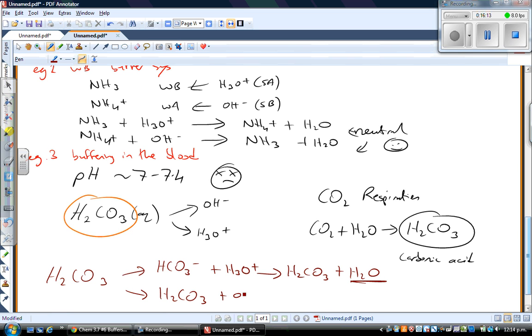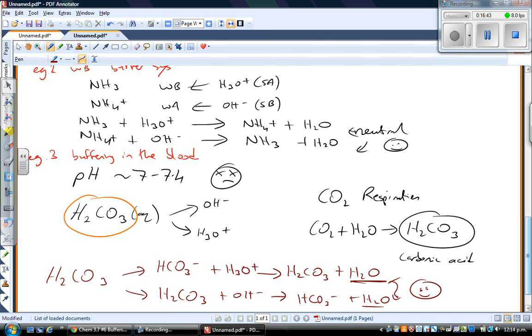Or alternatively, if a strong base is added, then the acid aspect of the system kicks in, and you form the hydrogen carbonate ion plus H2O. Both cases, it's kept neutral, and the person gets to live, which is good news. Obviously, if you directly injected a strong acid into your bloodstream, then that would not be a good situation. So again, pharmaceutics have a lot to deal with when they're developing drugs for injection.